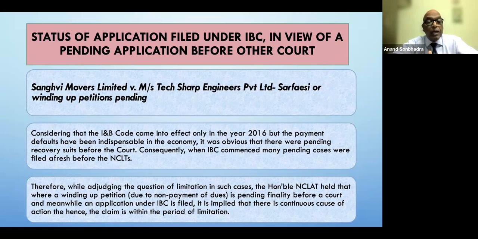So therefore, while adjudging the question of limitation in such cases, the Honorable NCLAT held that where a winding up petition due to non-payment of dues is pending finality before a court, and meanwhile an application under IBC is filed, it is implied that there is a continuous course of action. Hence, the claim is within the period of limitation.